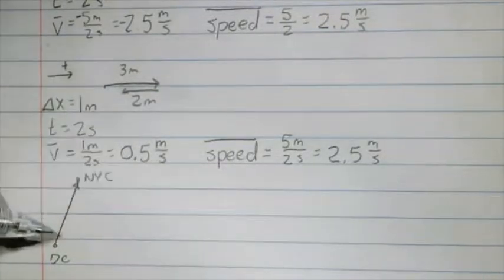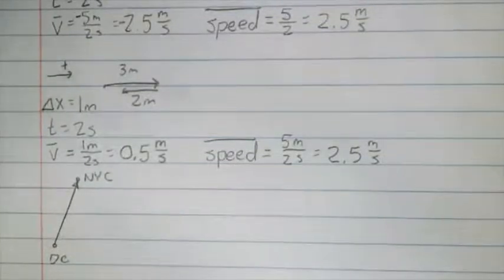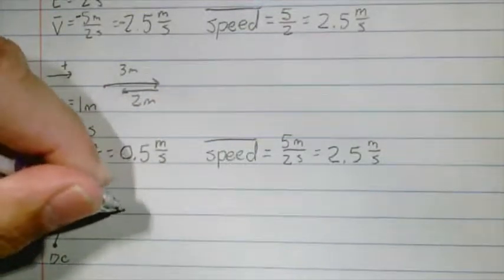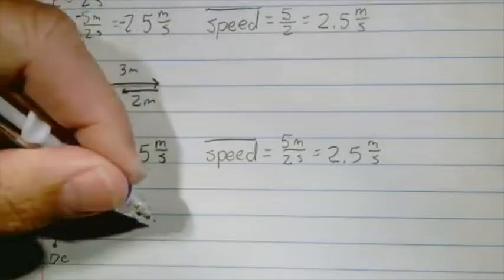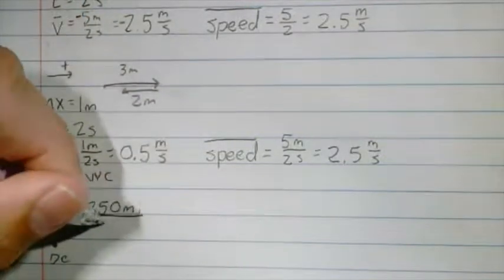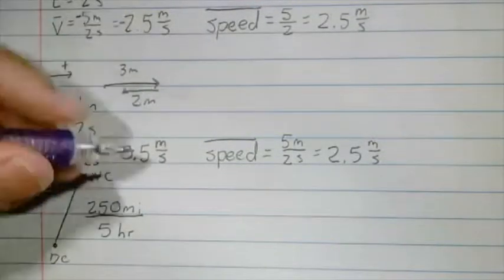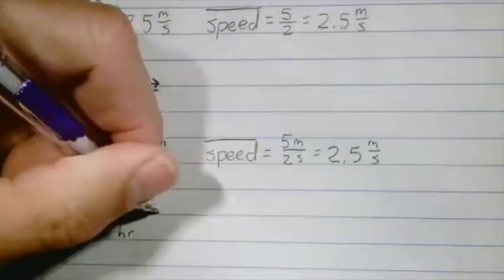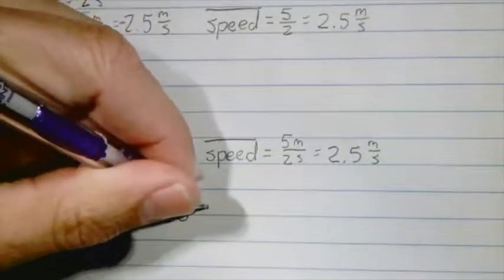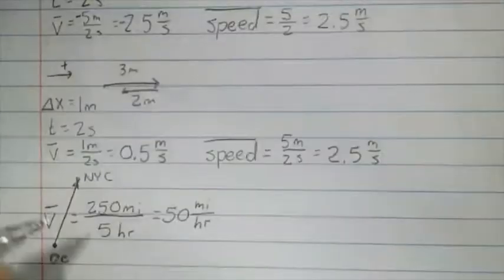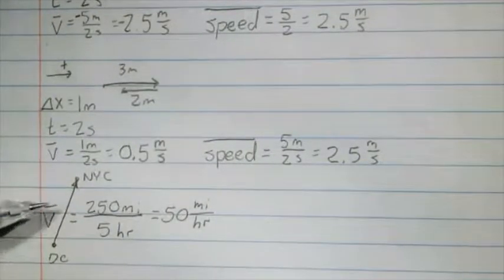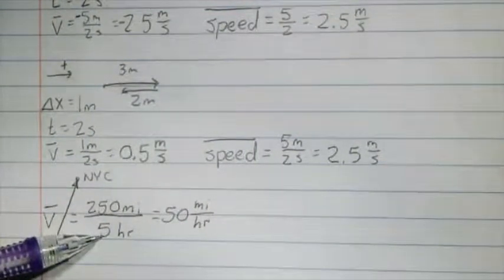But whether we talk about taking a car or a plane, say I drove 250 miles in a straight line, and it took me 5 hours. My average velocity, 250 miles per 5 hours, is 50 miles per hour. But it's an average. That means it's the average velocity over that entire time frame.